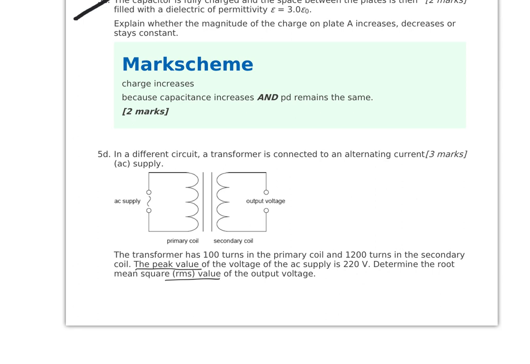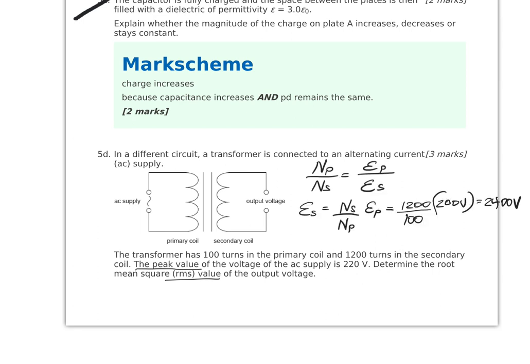So when I go for this secondary voltage here is 1200 over 100 times 200, that's 2400 volts. That's the peak. So if we're looking for the RMS, VRMS is peak over radical 2.